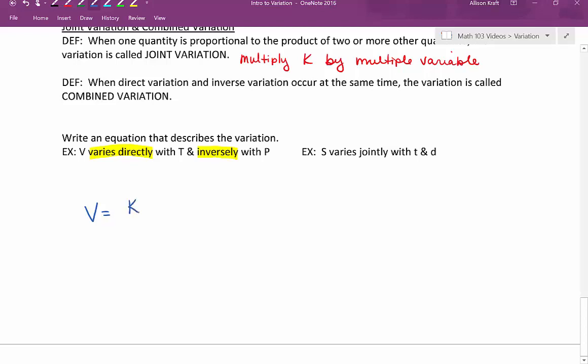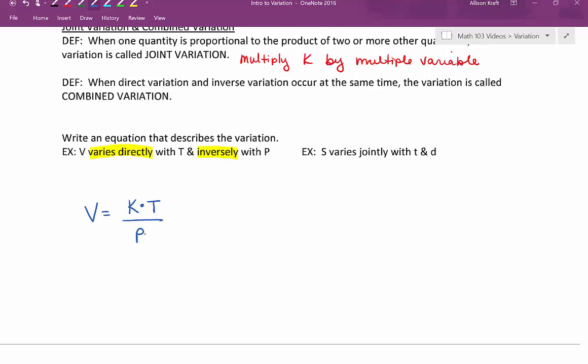We're going to have one k. V varies directly with t, so that means I'm going to multiply k by t, and inversely with p, so I'm going to divide by p. V varies directly with t and inversely with p gives us the equation V equals k times t divided by p.